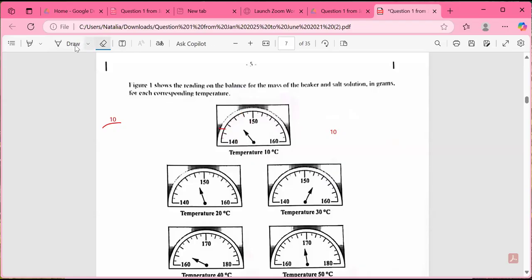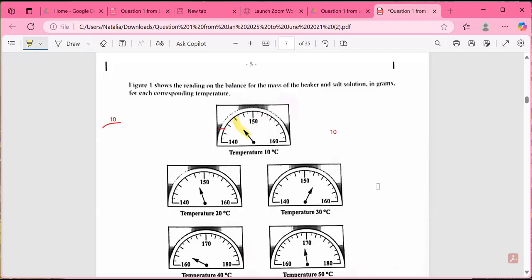So here is where my arrow is. My arrow is pointing. I cannot draw a straight line to save my life. Let's use the highlighter to see if we can get a better answer.